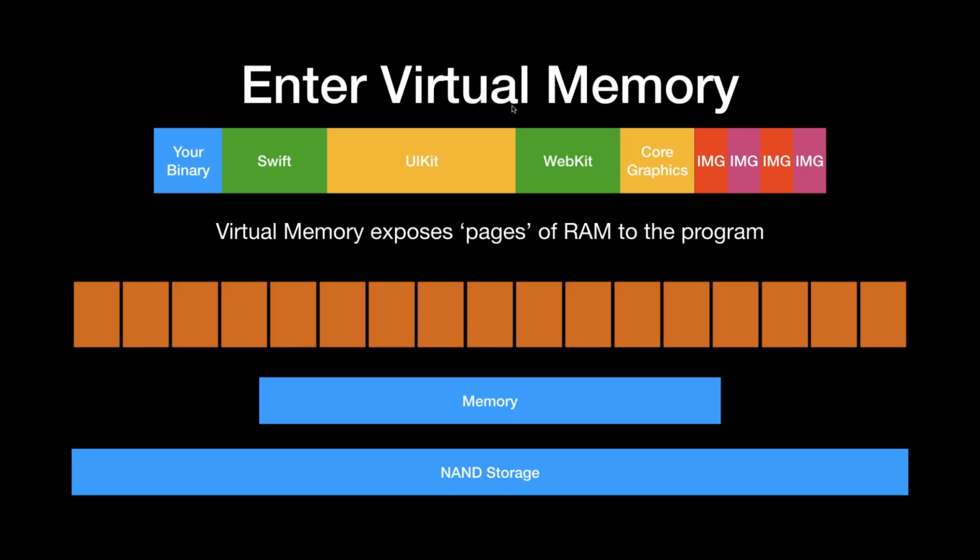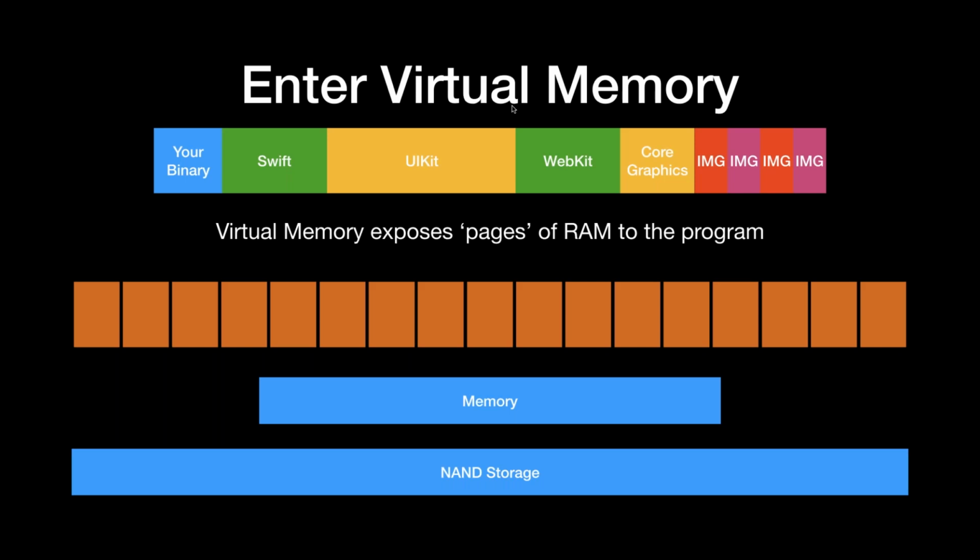Virtual memory was invented way back in the 1960s to deal with tape drives, because the tape drives were very slow. So virtual memory was a way to have the program be accessing pages that are on the tape while the tape is still spinning to get to those actual pages. In modern computers, we don't have tape drives anymore, but we still have two levels of storage. We have the NAND, which is the hard drive in an iPhone.